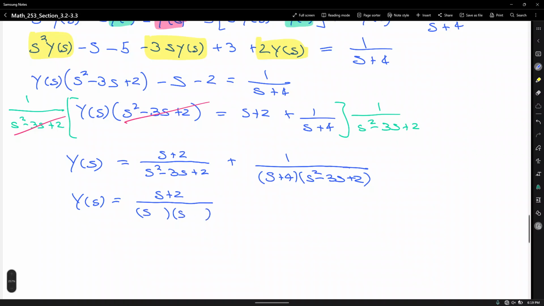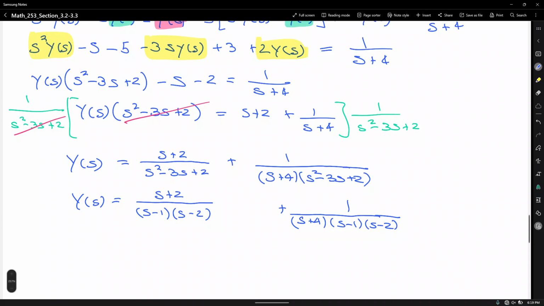Are they negative 1 and negative 2? Plus 1 over s plus 4. So s minus 1, s minus 2, times 1 in the numerator, right?